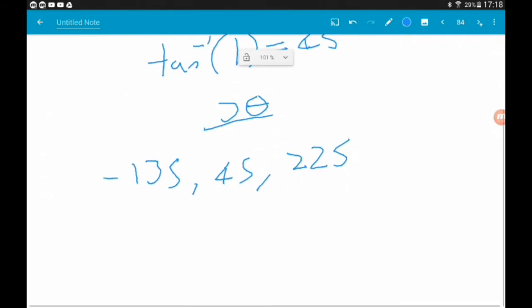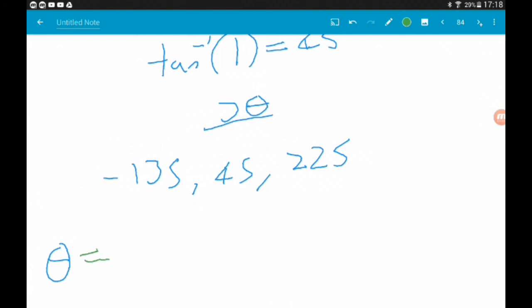To get our values for theta, we change to green like we have every other time. So theta is each of these 3 values divided by 3. Minus 135 divided by 3 is minus 45. 45 divided by 3 is positive 15.